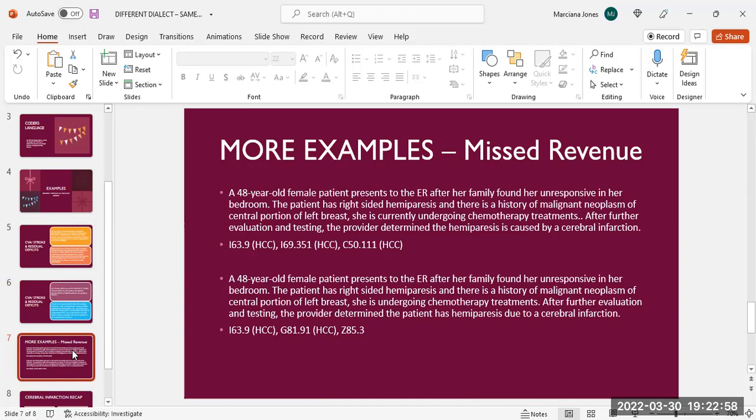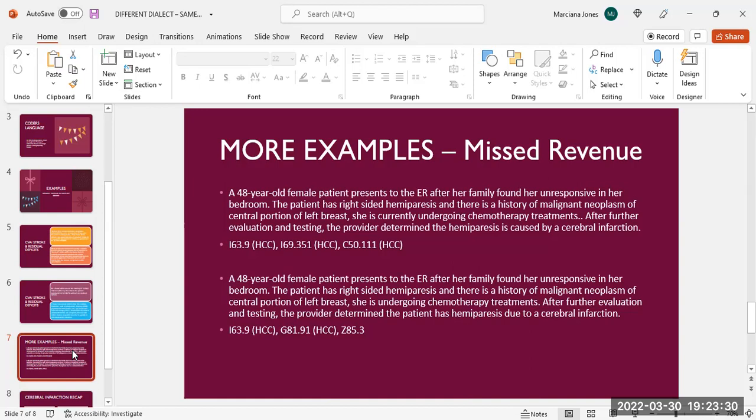So I63.9 is a cerebral infarction. This person has actively had a stroke. So when they have actively had a stroke, you're going to use the I63.9 code, which is an HCC code. And then we see that the patient had hemiparesis due to the stroke.